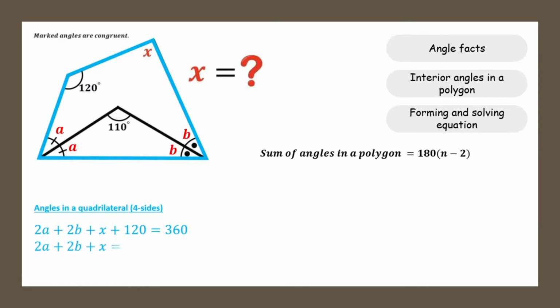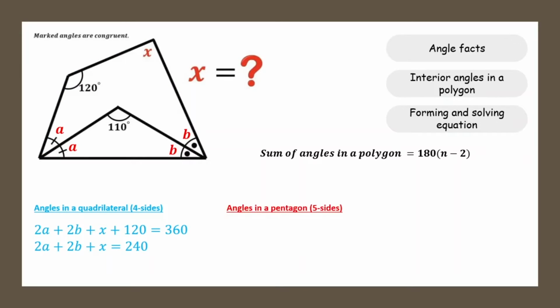Okay, I can tidy that up, just simplify, get the constant values onto the right hand side, and here we get 2a plus 2b plus x equals 240. I've got an equation with 3 unknowns. To solve for 3 unknowns, we typically would need 3 equations. Let's see if I can find any more equations.